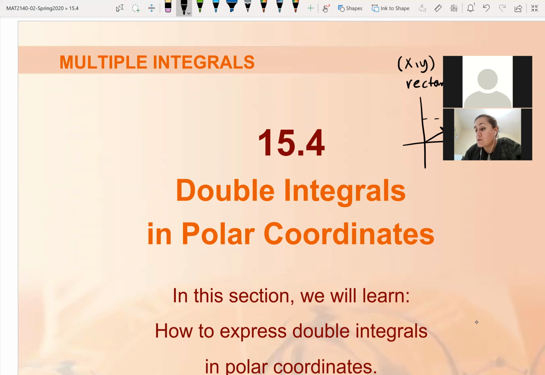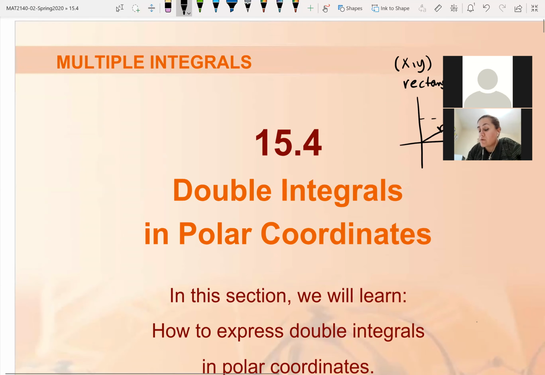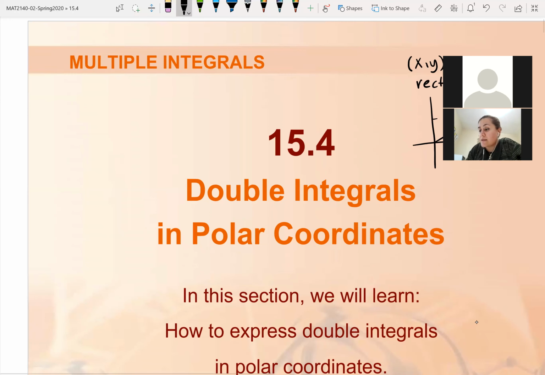So this is good news. If you don't remember the relation in the polar system, x is adjacent, so x is r cosine theta, and y is r sine theta. This is when you are in the polar system and your plan is to move to the rectangular coordinate. Those are the equations. If you have rectangular coordinates and your plan is to move to r and theta, you can write r squared is x squared plus y squared, and theta is the tan inverse of y divided by x.